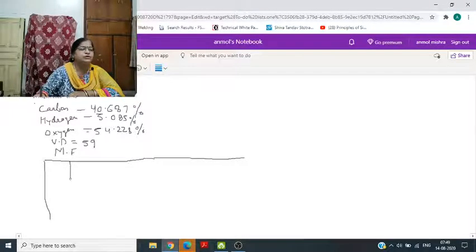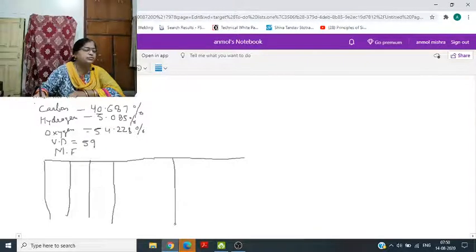In the first column we will write the element, second column percentage, third column atomic mass, fourth column number of moles of the element, fifth column simplest ratio, and sixth column simplest whole number ratio.